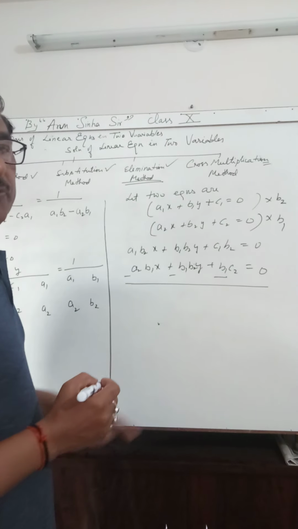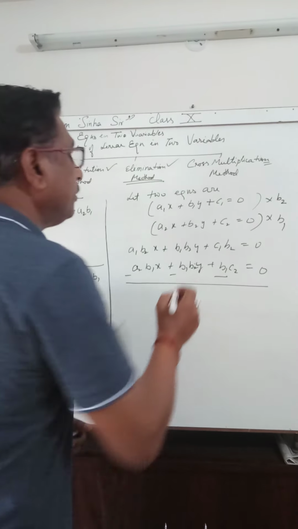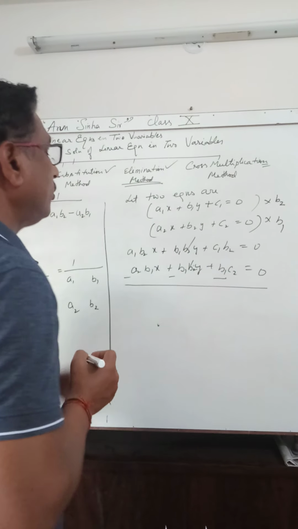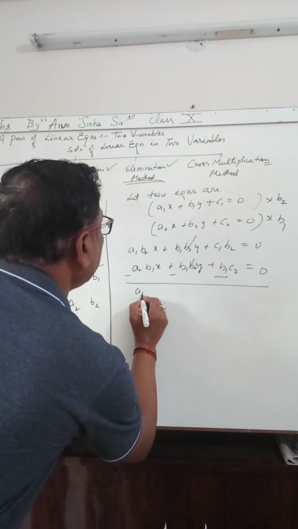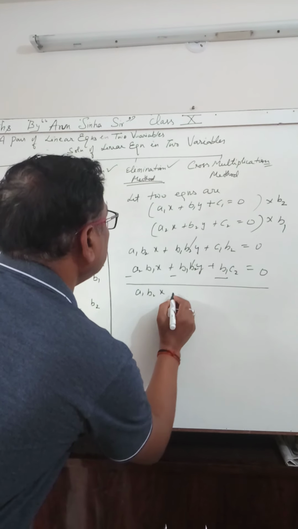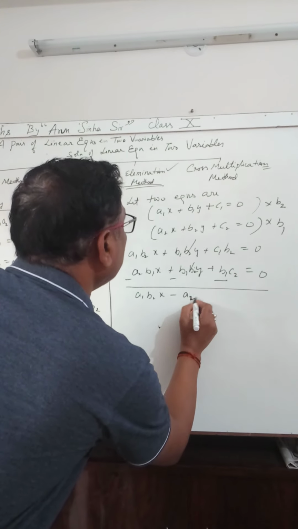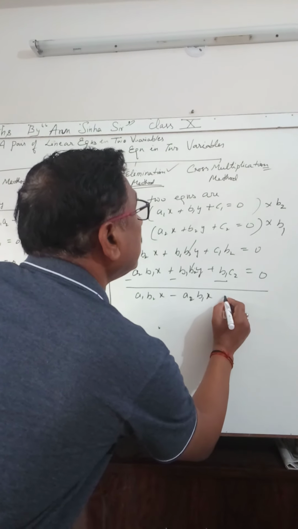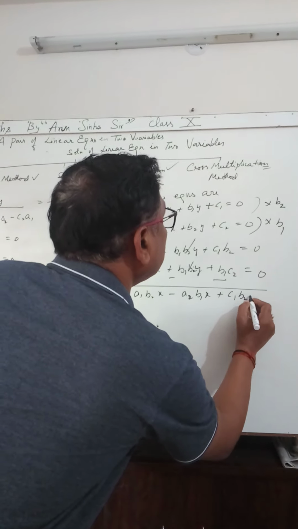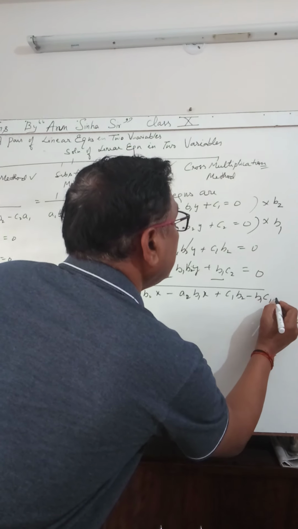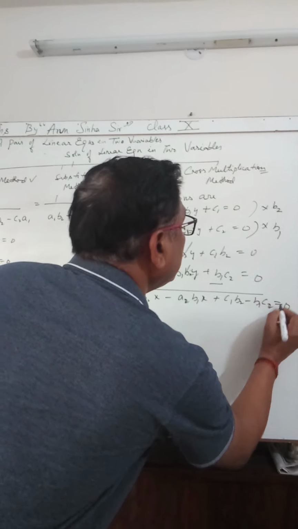The y term is eliminated, and you get a1 b2 x minus a2 b1 x plus c1 b2 minus b1 c2 equal to 0.